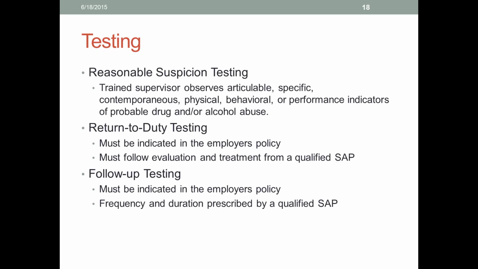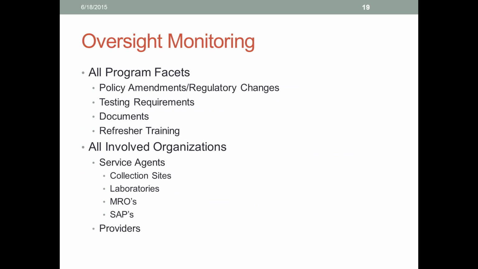Return to duty testing has to follow evaluation and treatment from a qualified substance abuse professional, and then the follow-up testing has to be identified and prescribed by that qualified substance abuse professional. Again, those are only if you have second chance testing. So not everybody's going to be subjected to those, but if you are, that's what you need to know.